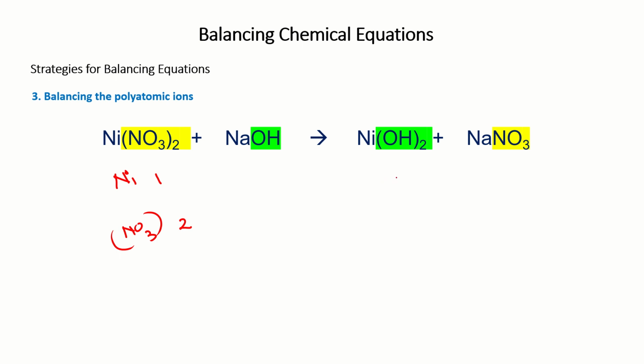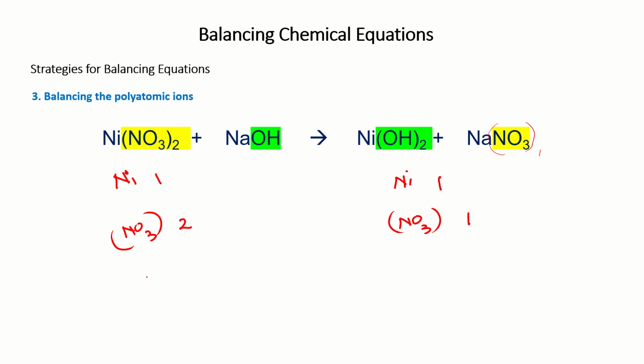And I'm going to do the same for the product side. I have only one nickel on product side, and how many nitrates I have? I have only one of them. When you have only one, we just don't show it. But you know, when you don't see these brackets, you have only one unit over here.